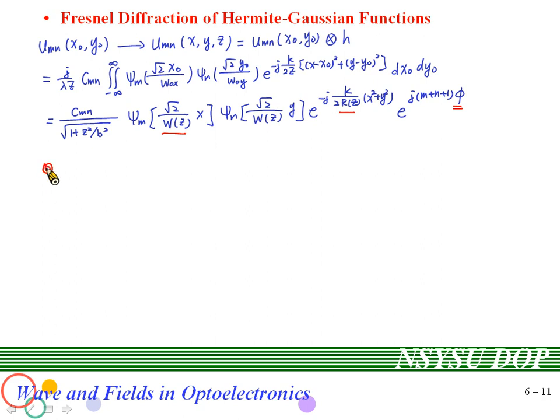In the properties of the U00 function, we have defined the form of W of z, R of z, and the phi function. And here for the mn order, we find that the expressions for W of z, R of z, and the phi function are the same as for the U00 function.